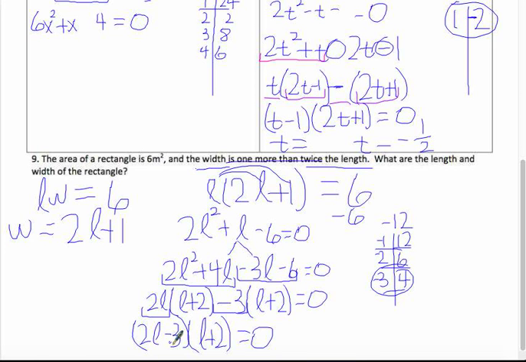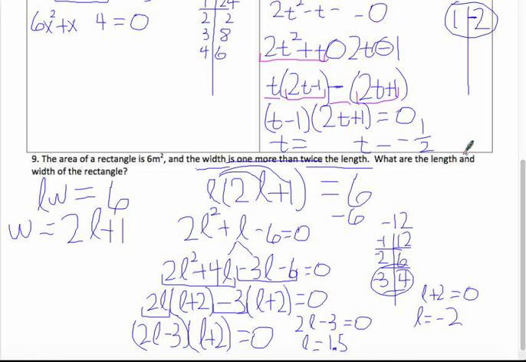And then solving, if we set both of those factors equal to 0, we would get L equals 1.5. From the other one, L plus 2 equals 0, we would get L equals negative 2.